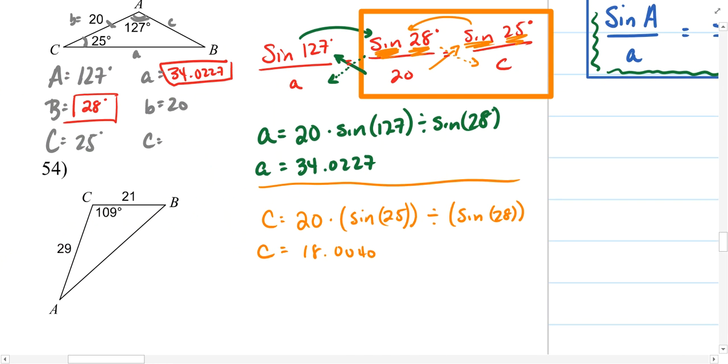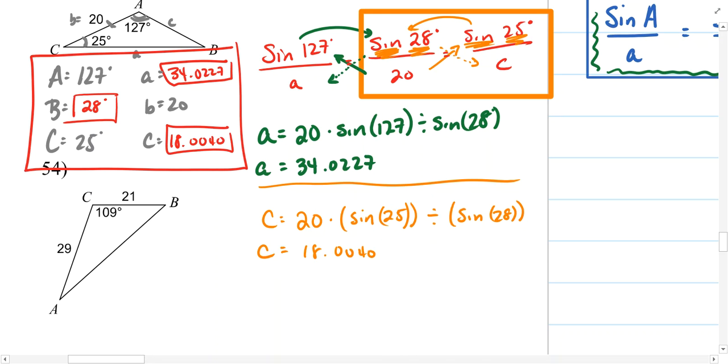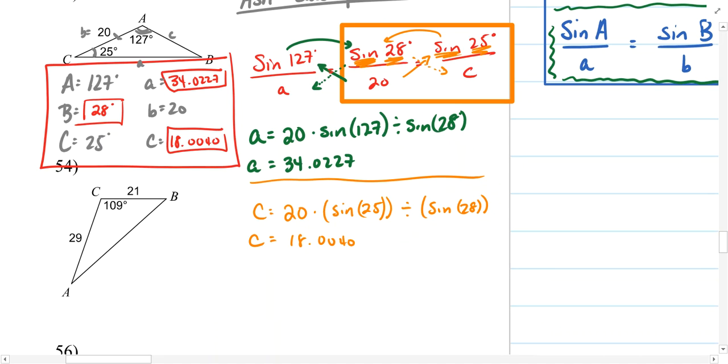And I think that would be a nice result for this side length too. And if we look at the group of three solutions, we can clearly see that we now have 6 components of the triangle that have been identified, which is exactly what we're going after for solving triangles.